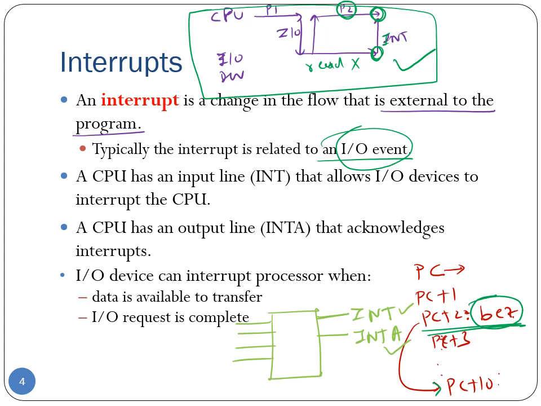When the write is complete, the IO device will inform the CPU that the write is done by sending an interrupt. That's one situation. The other possibility is, let's say it was a read operation and now the data is available with the IO device, so it is ready to transfer the data back to the CPU. That's another situation where the IO device will raise an interrupt.